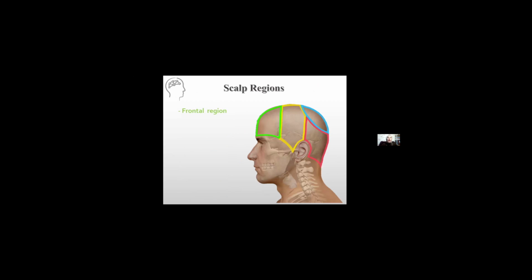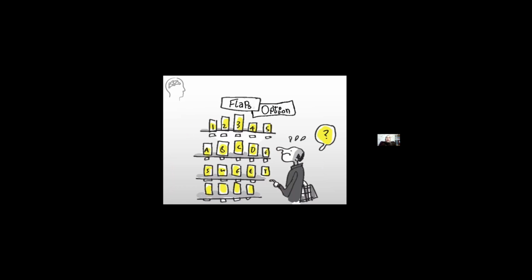Start with the frontal region, as we saw here in green, and this patient with a moderate frontal defect. The second one is the parietal region, included with the temporal region, as we saw here. The third one is the vertex region. The last one is the occipital region, the patient with a large occipital defect.